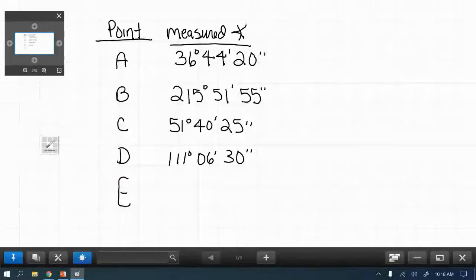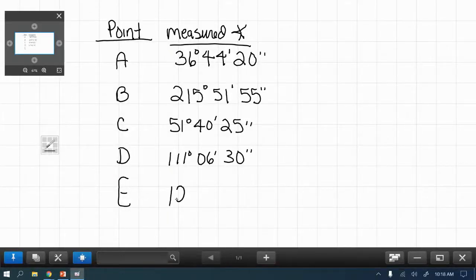So once I write the angles down, I'm going to get out of the way. These are the preliminary azimuths.